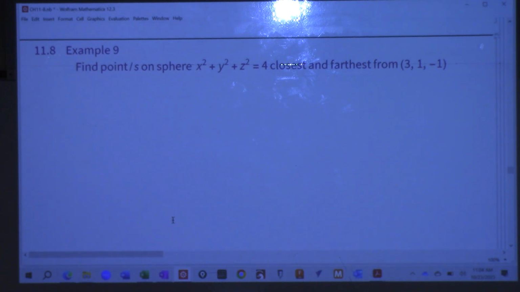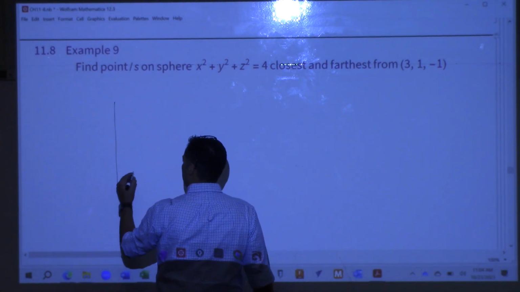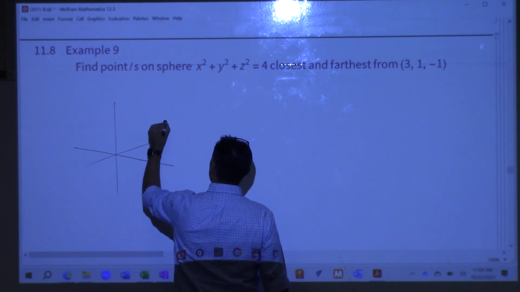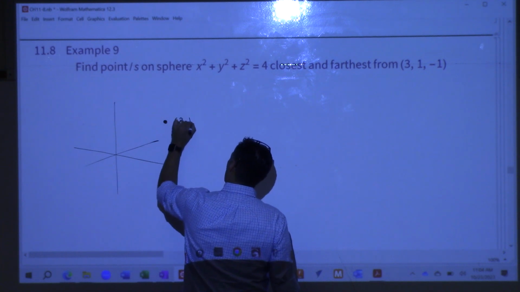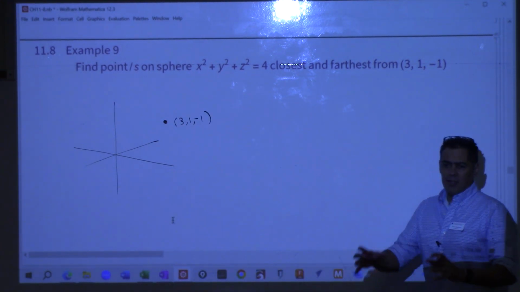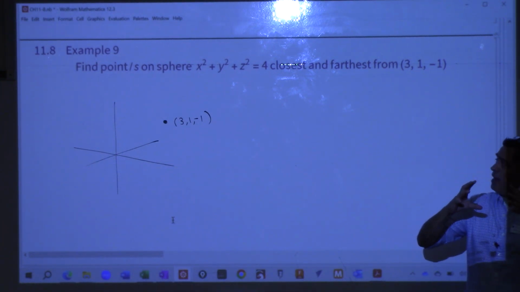I want us to start by just thinking about the geometry in this problem. We are sitting here in 3-dimensional space. We have some point here that's given to us, (3, 1, -1). And we're trying to find the point or points on some sphere, right?